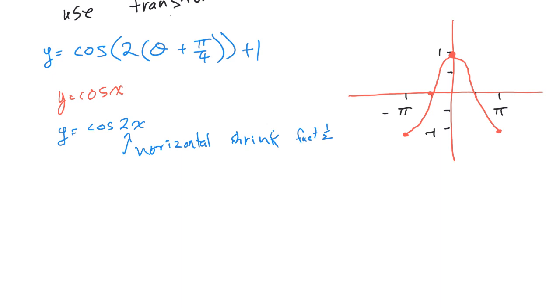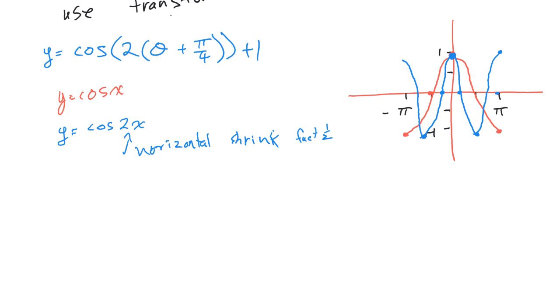The far left point goes in by 1/2, 0 stays the same, and this point goes in by 1/2, and then we end up with something like this. Now that we've got that basic graph, we still have to draw the rest of it, so the rest of the graph will look like this.